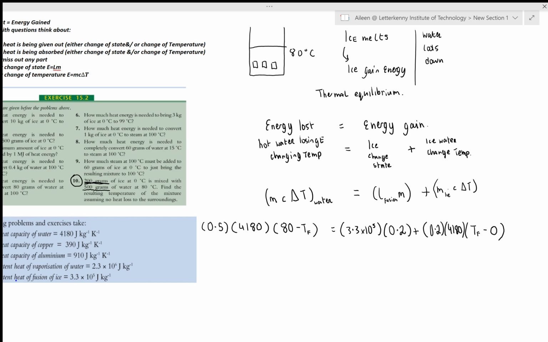Okay, from here I've filled in everything I need to, and now I just start multiplying it out.